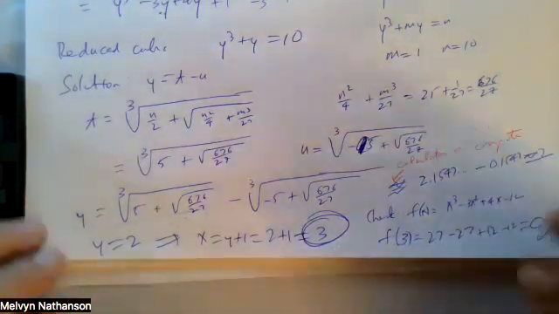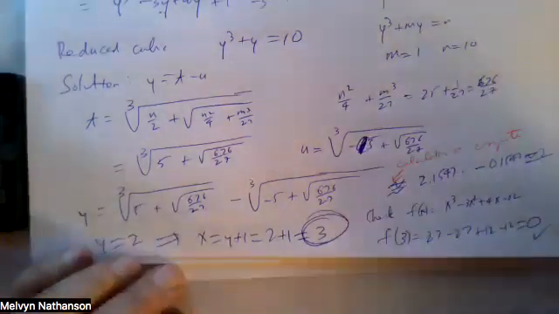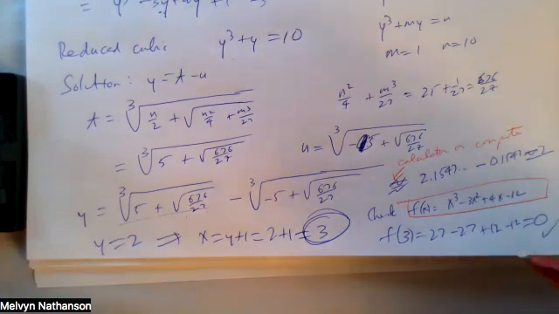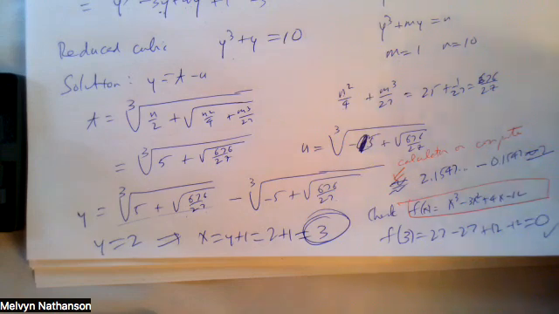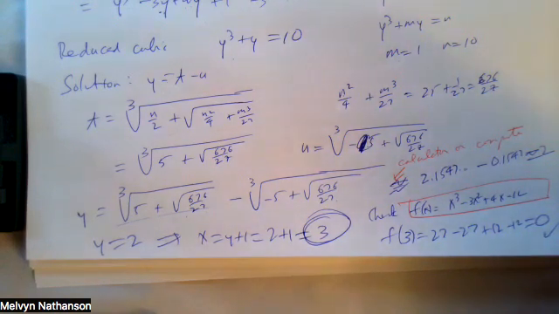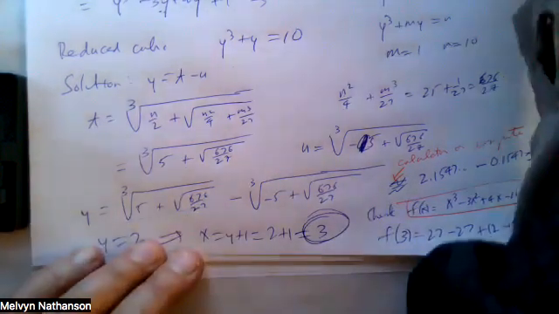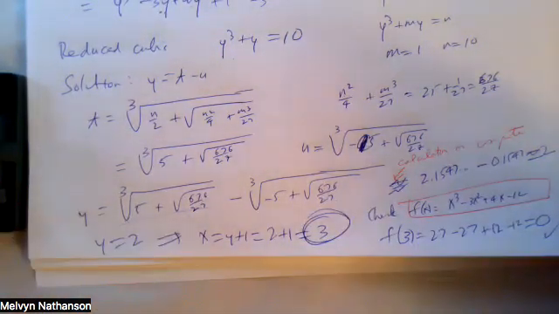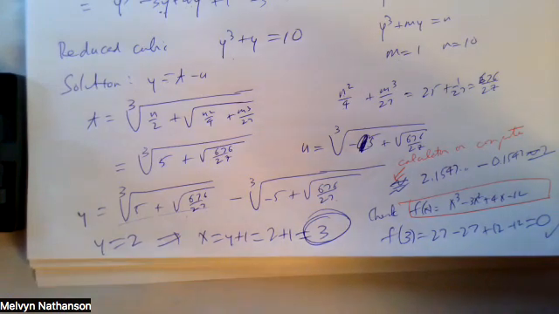For my original polynomial, Cardano's method gave us the solution x equals 3. So this is solving the cubic, which it is very nice to know how to do. Any questions about that?